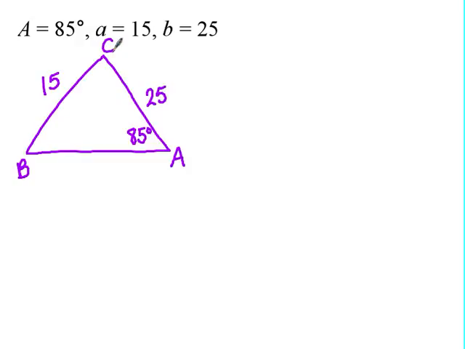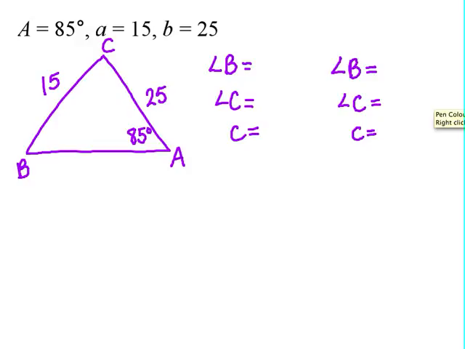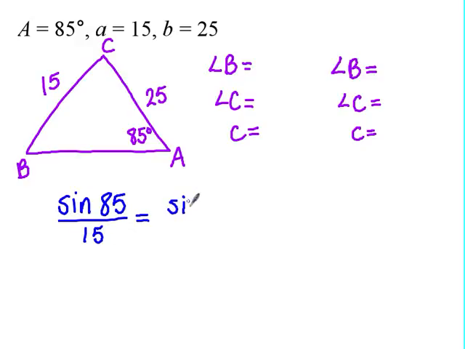So now once again, in looking at it, I see that I've got side-side-angle. So angle B, angle C, side C. So where am I going to start? Yep. Sine of 85 over 15 equals sine of B over 25. Good.